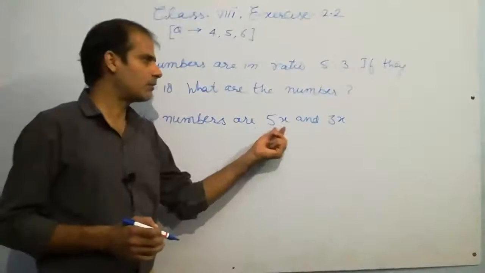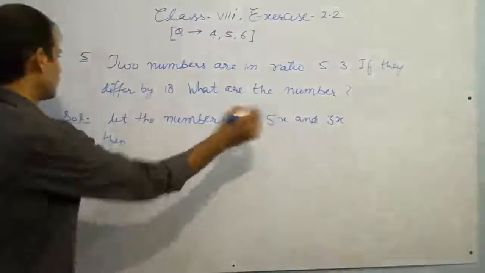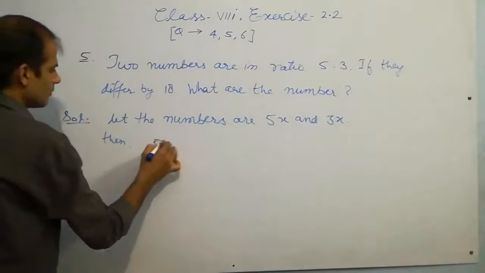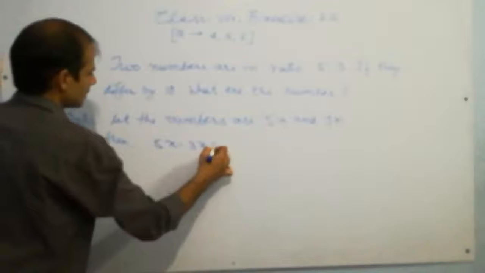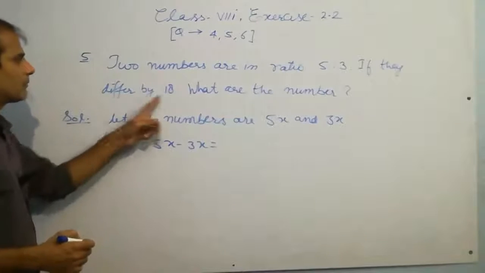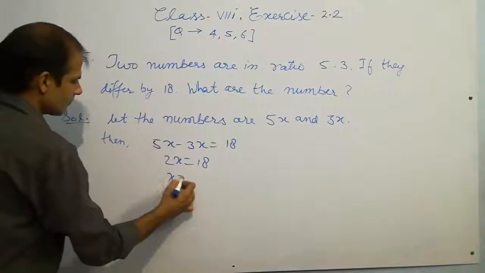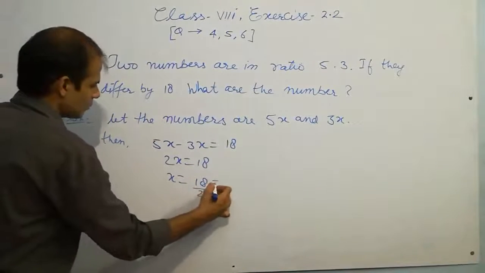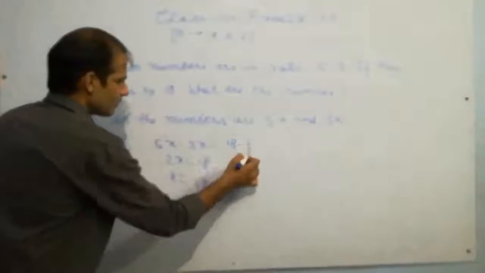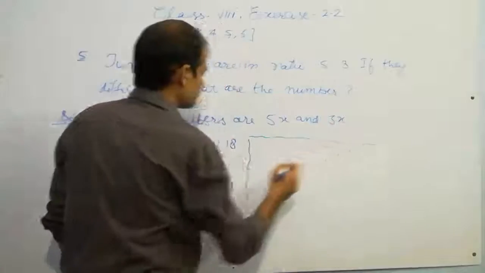Obviously this is bigger, this is smaller, so you will write 5x minus 3x equals 18. It is 2x equals 18, x equals 18 upon 2, that is 9. So you will write the answer.